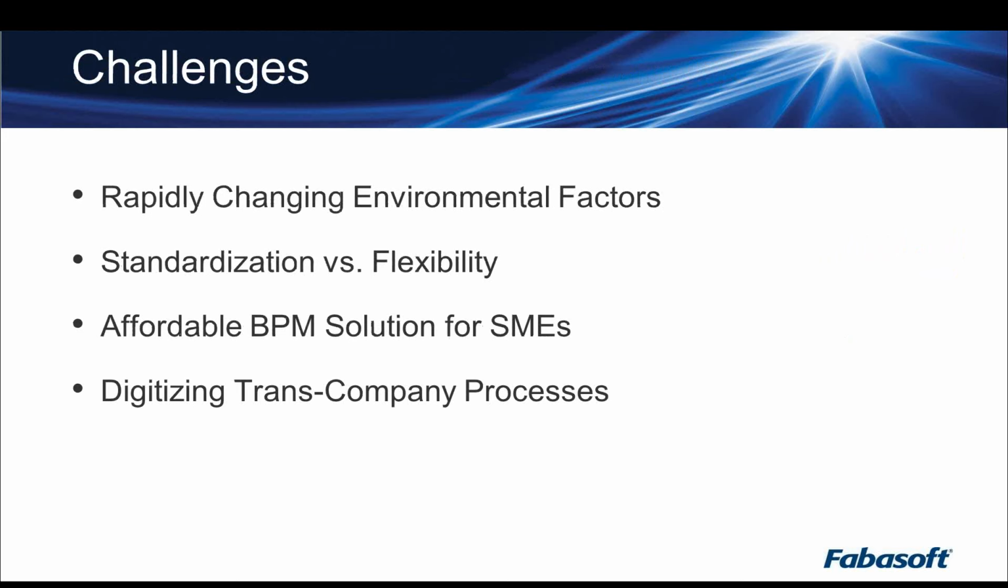So, what are the challenges while doing this? Both large and smaller organizations are confronted with the challenge of adapting their business processes to increasingly rapidly changing conditions and environmental factors. So this requires a high degree of flexibility and agility. However, the full potential of business process management for the increase of efficiency and improvement of quality requires a digitization of processes.